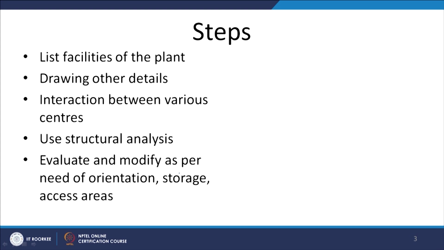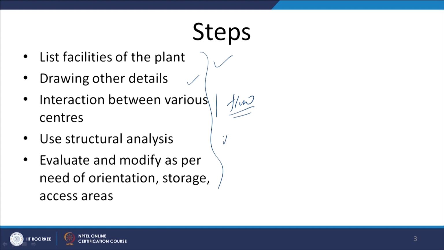For this purpose we follow certain steps, as I have already talked about: what facilities we want to establish, what the drawing details are along with the area required to accommodate these facilities, and the kind of interactions, which means the kind of flow between the various facilities and centers during the production process.